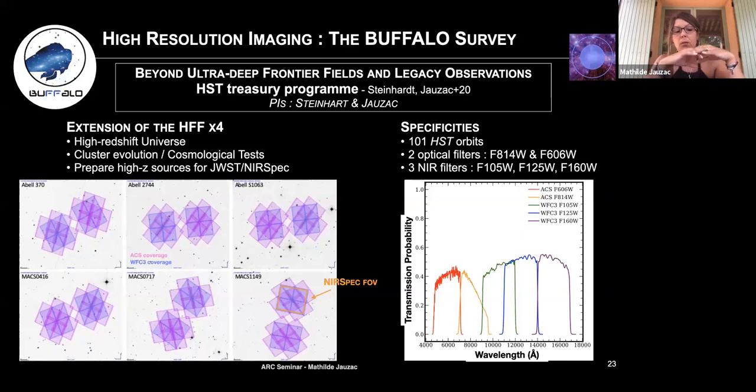With BUFFALO, what we asked for is a spatial extension around these cores in order to have high resolution data to do weak lensing. You can see the 6 fields with the 6 mosaics on the left-hand side. The idea behind BUFFALO is not only the weak lensing, but also, again, looking at the high redshift universe and properly doing cosmological tests, and you'll understand why in a few slides, because like this, you can combine strong and weak lensing and properly map the mass distribution in your cluster.